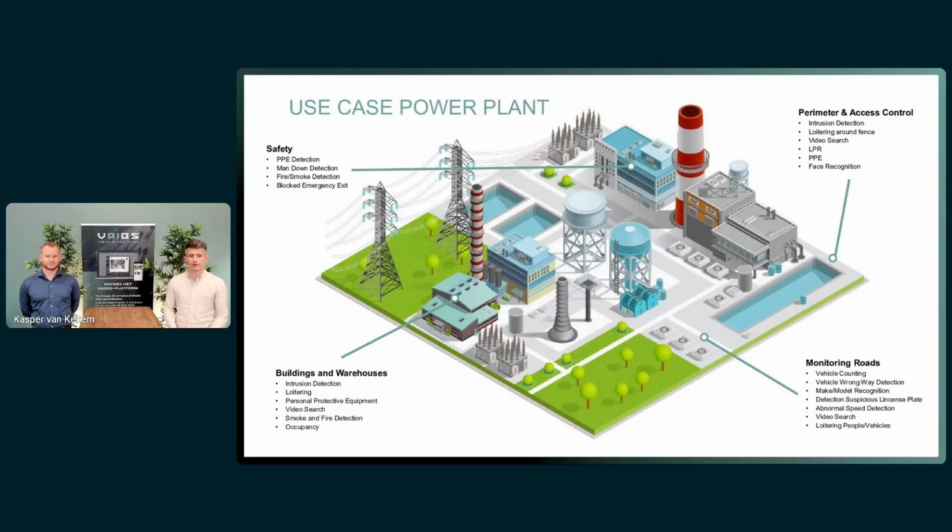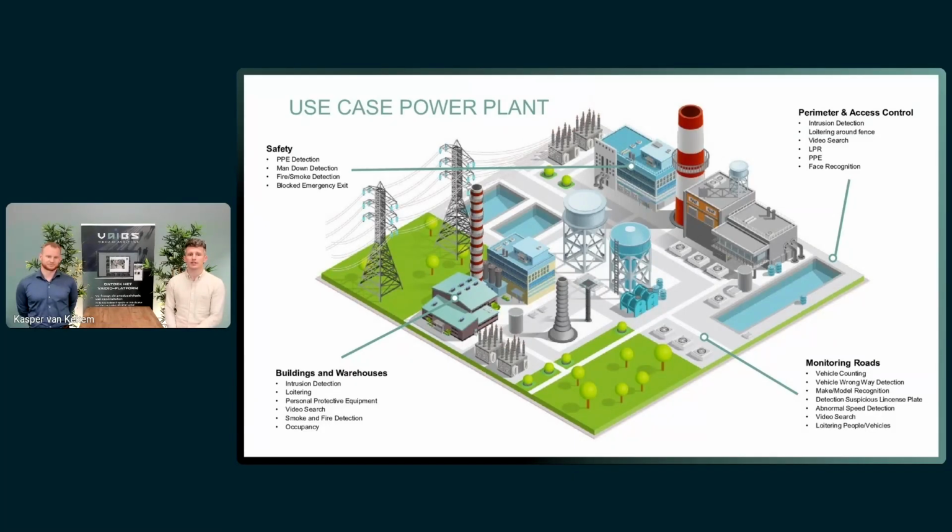It can also support your security team in monitoring and securing the perimeter or access control by automating intrusion detection or access control using license plate recognition. And if something happened and you want to look it up, you can use video search to search all the video data the cameras generated.